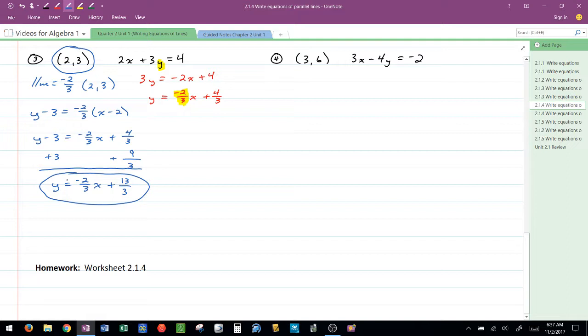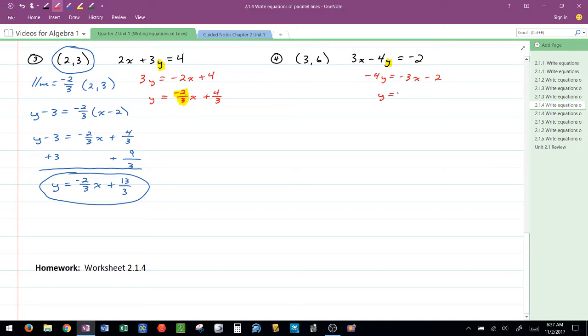Let's try one more and then go on to the worksheet. Okay? So again, if I get y by itself, then that creates an equation called slope-intercept form, in which I am able to identify what the given slope is. All right, so for this one, I'm going to subtract 3x, which leaves me with negative 4y equals negative 3x minus 2, and then divide everything by negative 4.